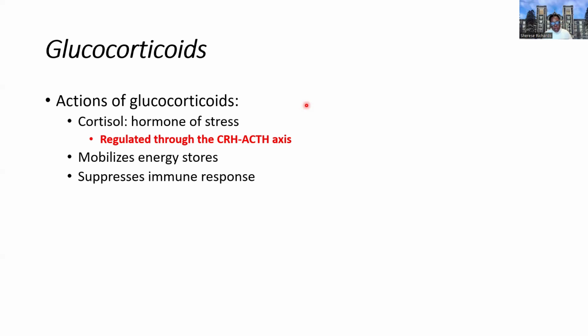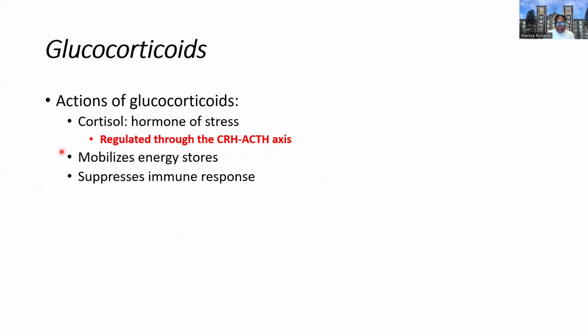If you think back to the portal supply there, blood supply leaves the hypothalamus, goes down to the anterior pituitary, and then it stimulates the pituitary to release the second trophic hormone, which is ACTH, adrenocorticotrophic hormone. From there, that enters the blood supply, and then it tells the adrenal cortex to release cortisol. So it's really an axis in terms of the hypothalamus, pituitary, and then the adrenal cortex.